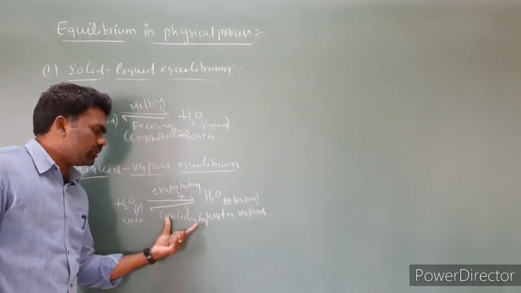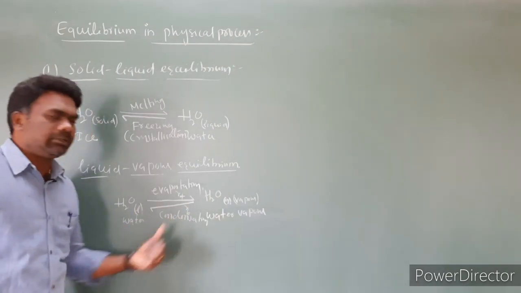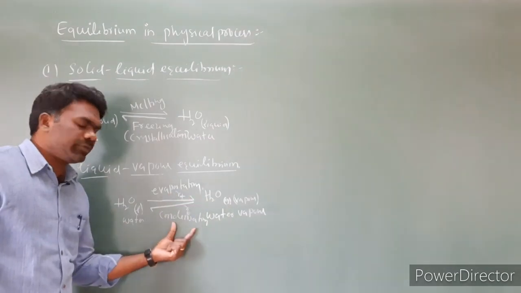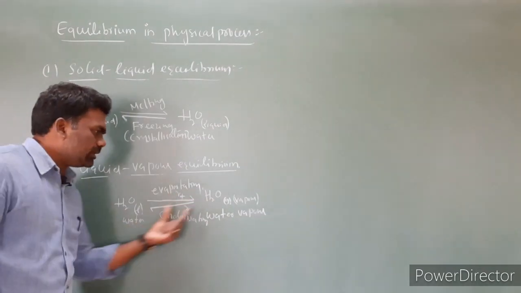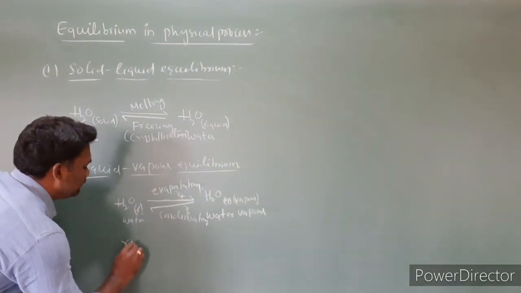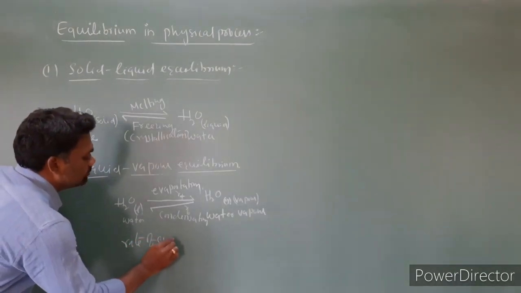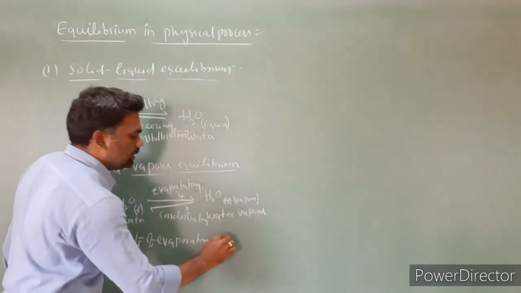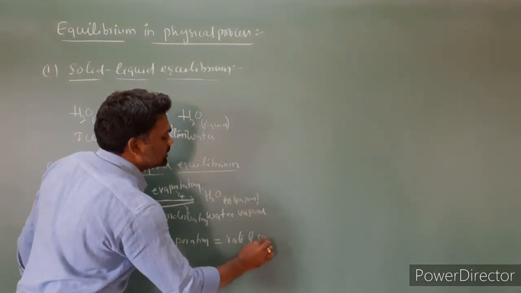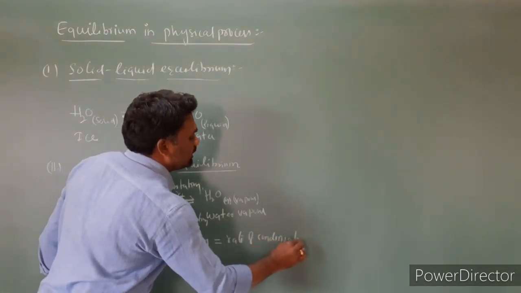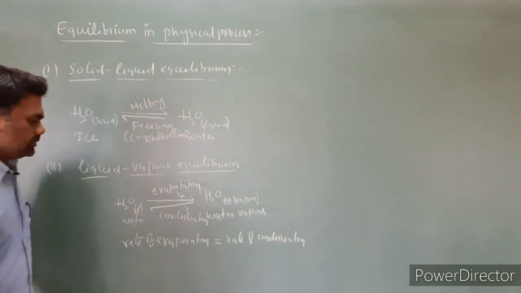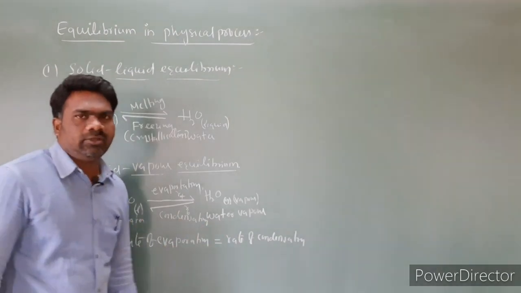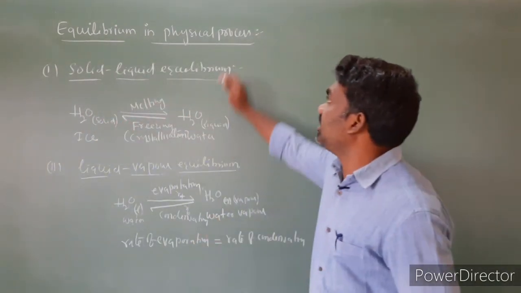When the rate of evaporation becomes equal to the rate of condensation, then equilibrium is established between the water and water vapor. So this is an example of equilibrium in a physical process.